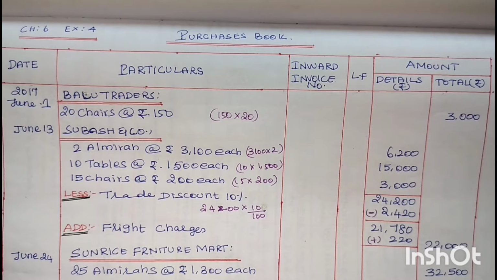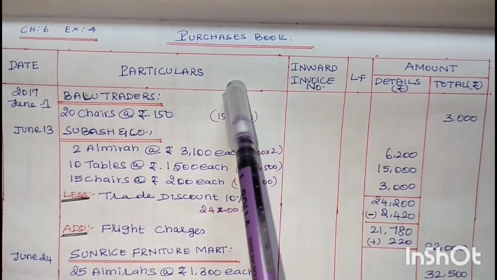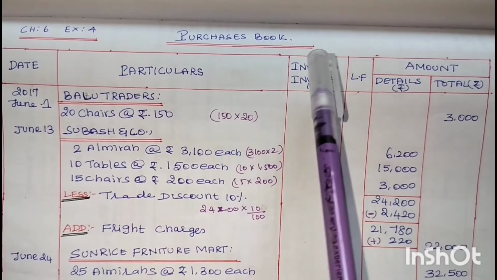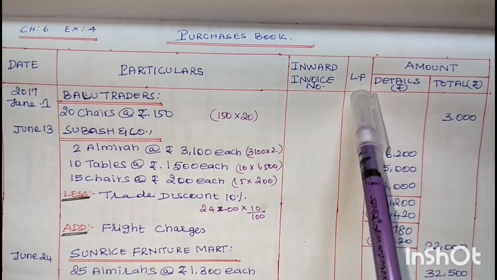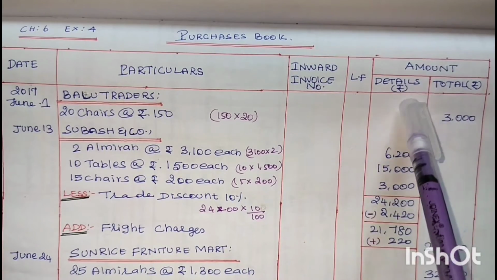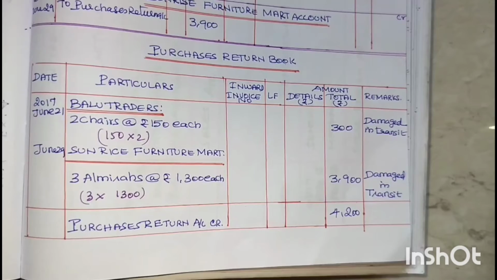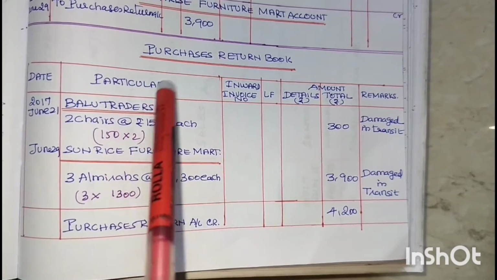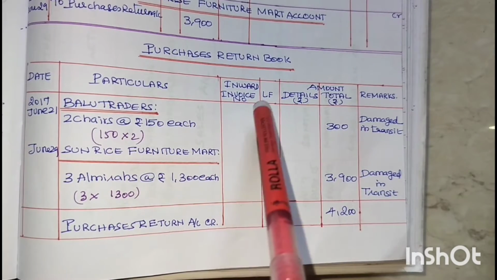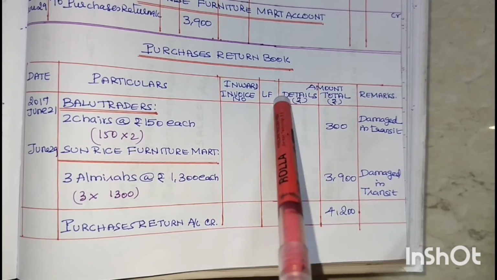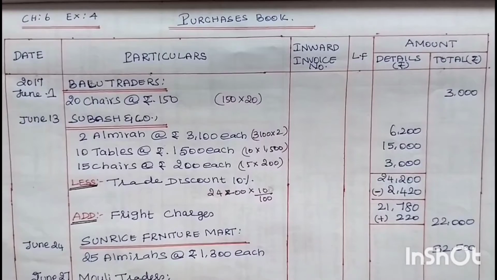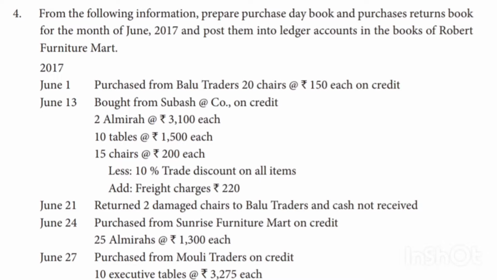First, the purchases book format: date, particulars, inward invoice number, LF, amount, details rupees and total rupees. Then the format of the purchases return book is date, particulars, inward invoice number, LF, amount, details rupees and total rupees, remarks. Okay, let's see the first transaction.